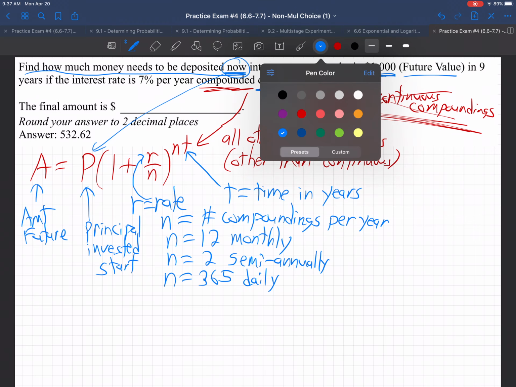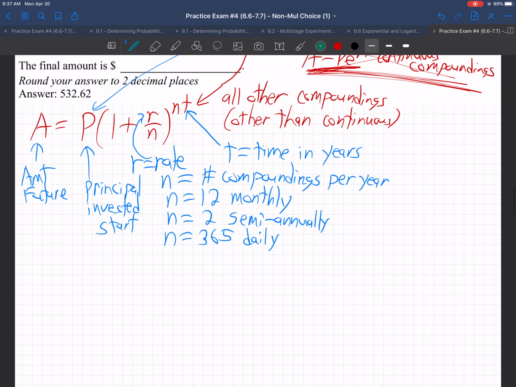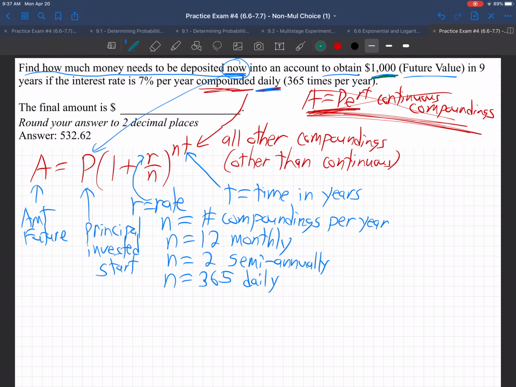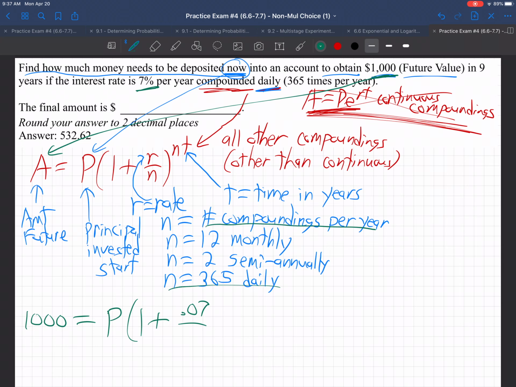We're going to plug stuff in now. The amount, they're telling us the amount is $1,000. That's the future value. So that 1,000 goes right over here. They're giving us the A. We don't know the P. The R, the interest rate is 7%, so 0.07, over N. N is the number of compoundings, which is 365 because we're compounding daily.